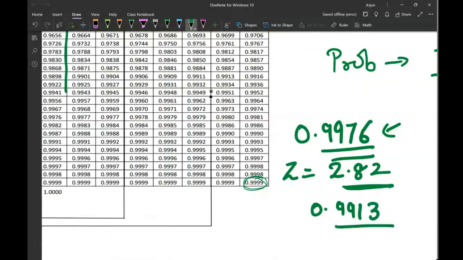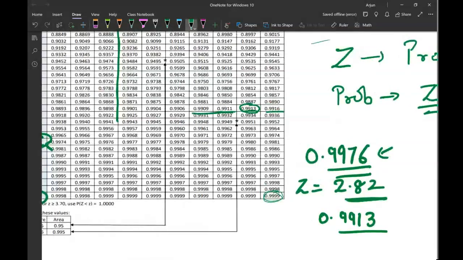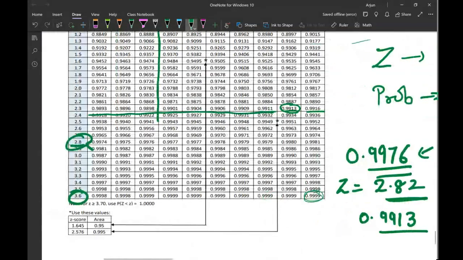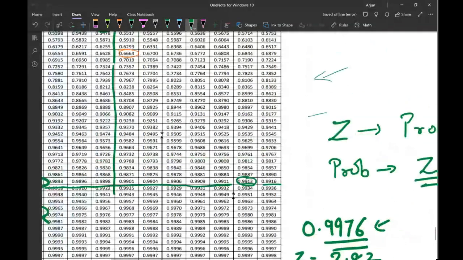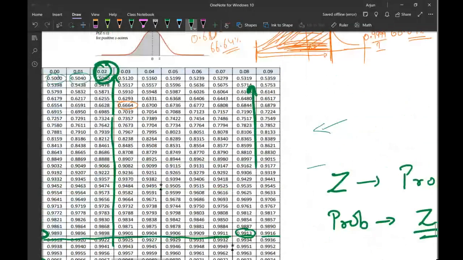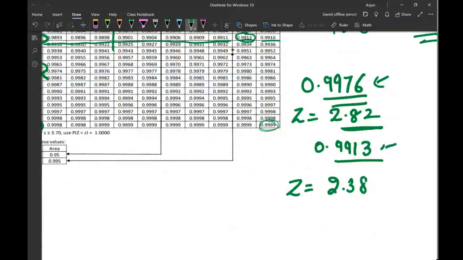Now if I look into the table, 0.9911, 0.9913, and this is 0.9916. So again I'm going to pick this number and I can find the value corresponding to this. Going to the left-hand side, which is 2.3, and here I'm going to go in the upper direction, 2.38. So the z-score value will be 2.38, corresponding to this probability.